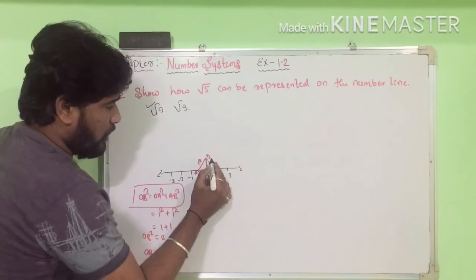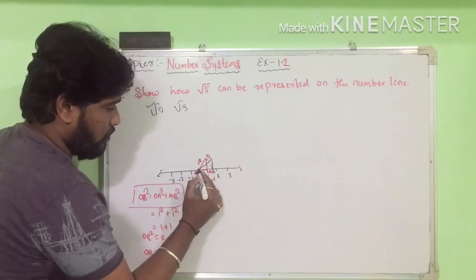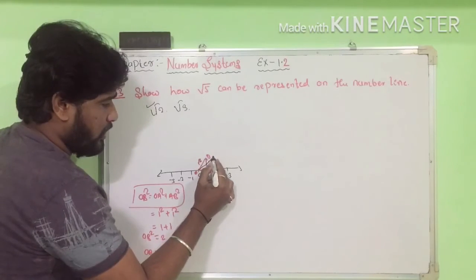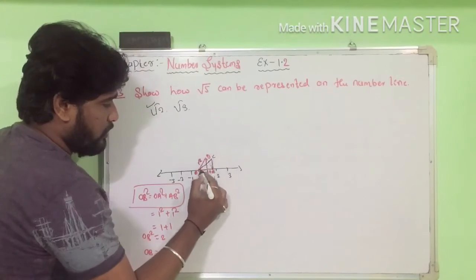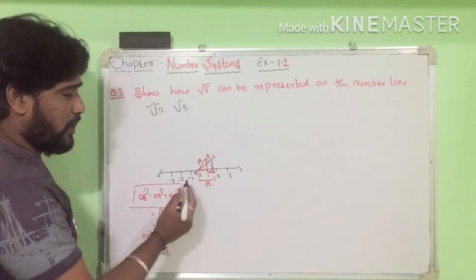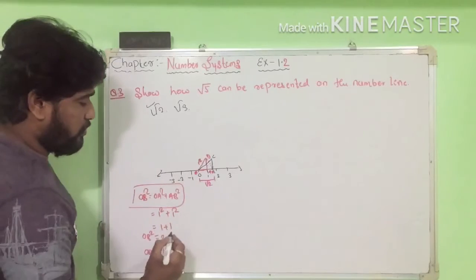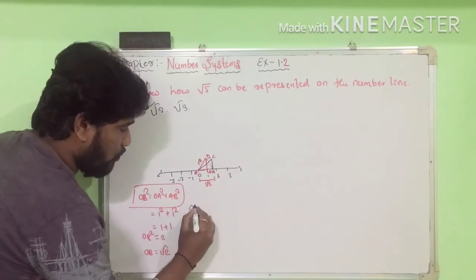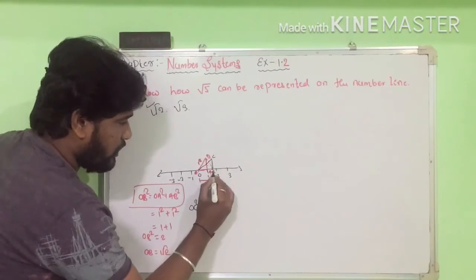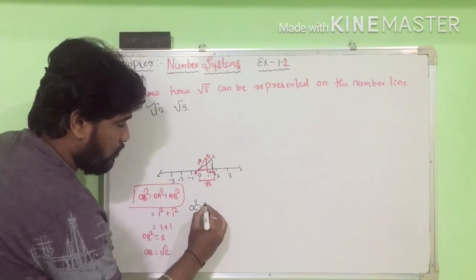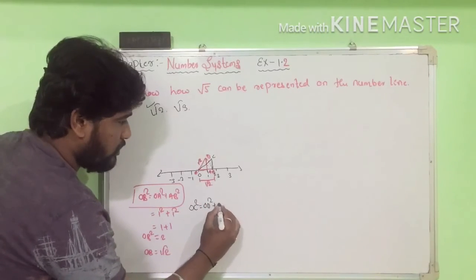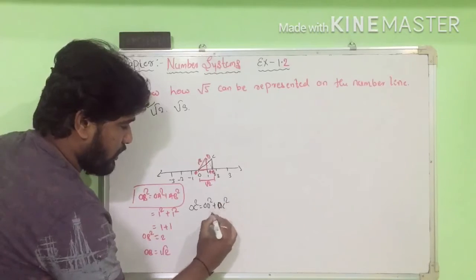Then join to the center point, O. This point here we will name C. So OC is the hypotenuse of the right angle triangle. That is root 3. So see here, OC square is equal to, here we will name D, OD square plus DC square, right?